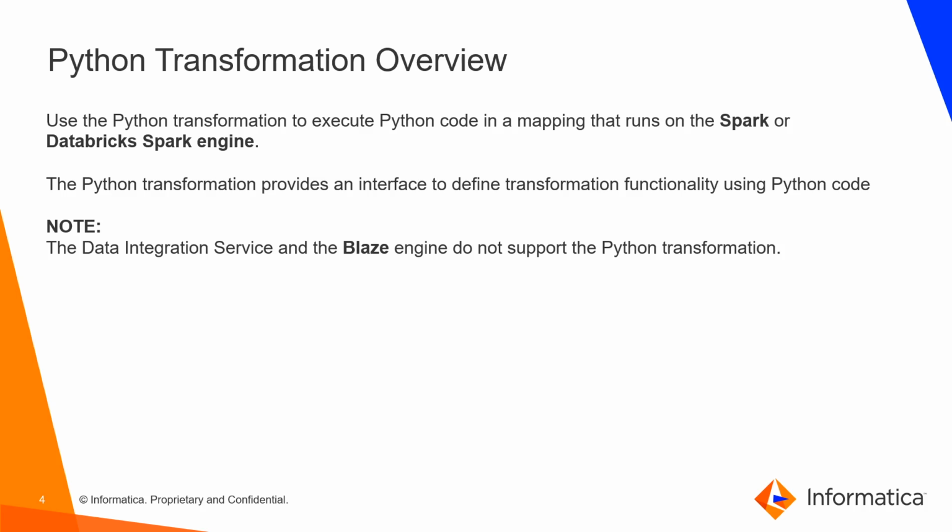The Python transformation can be executed on both Spark and Databricks engine, but it is not supported on the Blaze engine. It is mainly used to execute Python code in the mapping, and it provides an interface to define the transformation functionalities by using Python code.